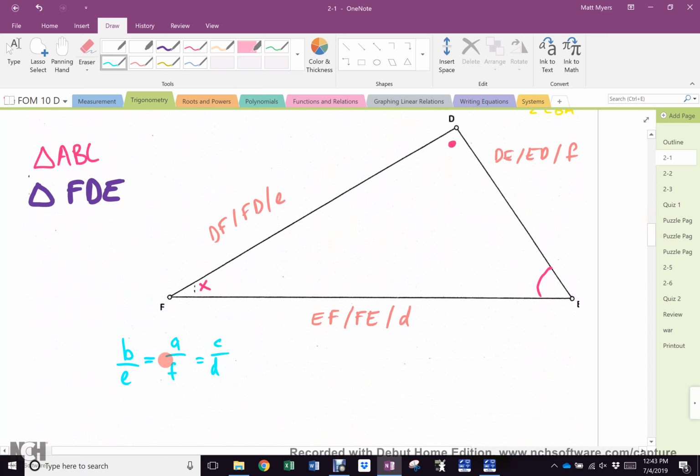That's how we use blueprints to build buildings. Because the little triangle on the blueprint has the exact same proportions as the big triangle in real life.